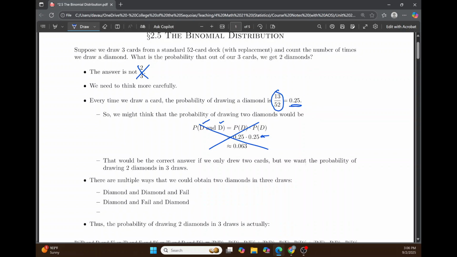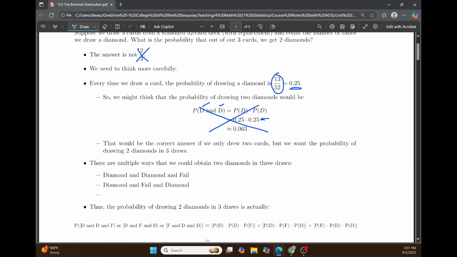It would be the correct answer if we only drew 2 cards, but we want the probability of drawing 2 diamonds if we draw 3 cards. So we actually have to think about how many ways this could occur. There are multiple ways that we could obtain 2 diamonds in 3 draws. One way would be to draw a diamond, then draw another diamond, and then draw something that's not a diamond, which I'm just labeling as a fail. So diamond, diamond, fail.